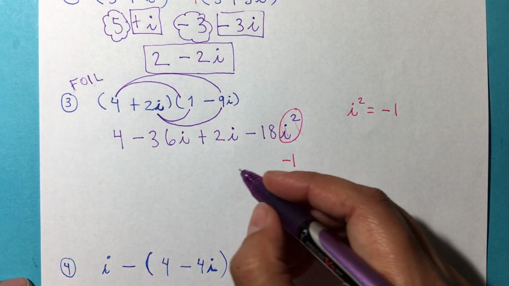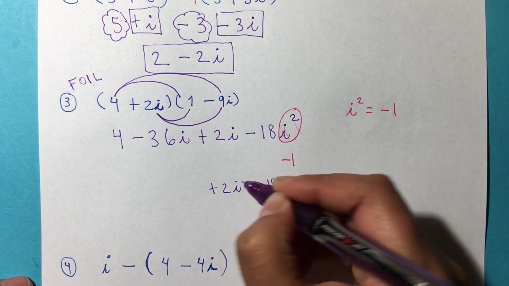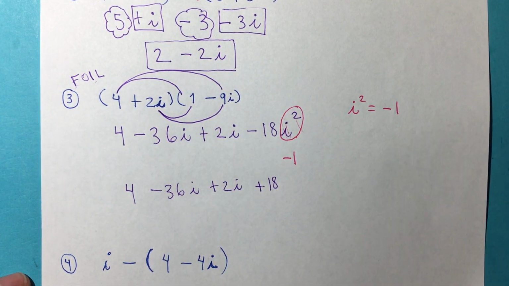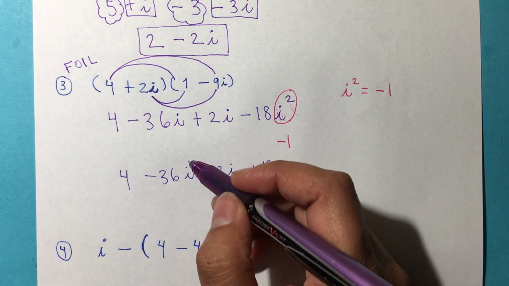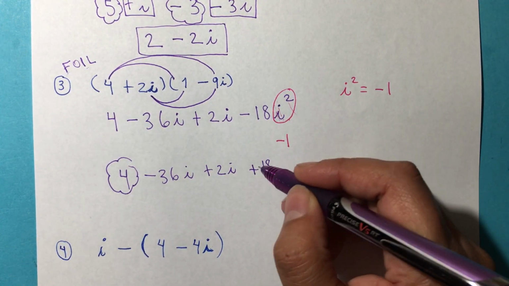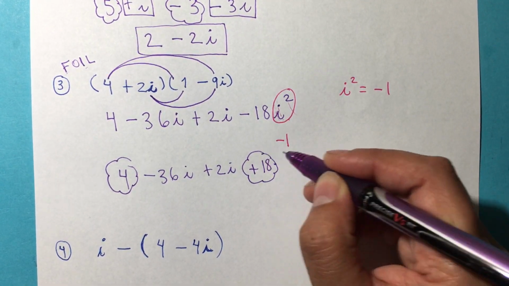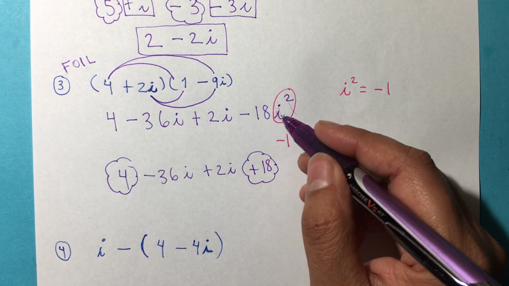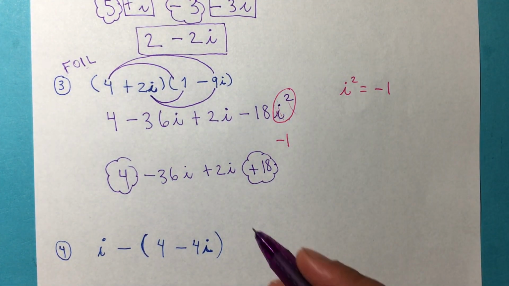We bring everything else down just to keep ourselves organized, and then start combining like terms. In this case, we have positive 4 and positive 18. That i squared made that change its sign, okay?